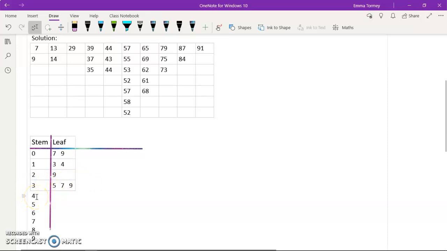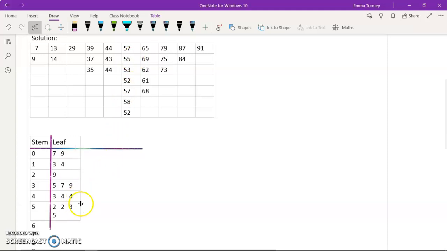Then I'm moving up to the 40s, and I have 43. Then I have two 44s, so I have to put in the 4 twice. Now if I'm looking at my 50s, I've got two 2s, so I put in the two 2s. Then I have a 3, a 3, and then a 5.